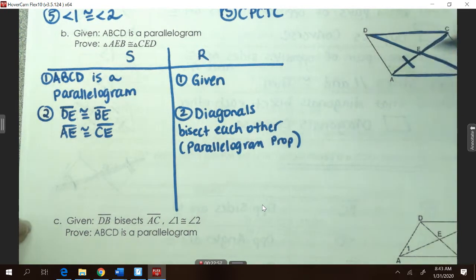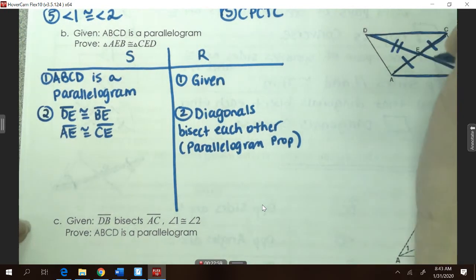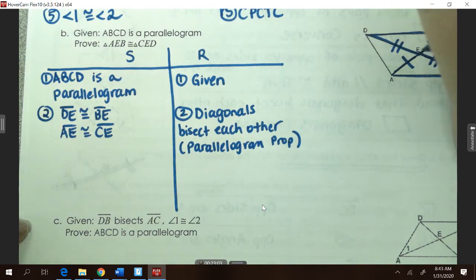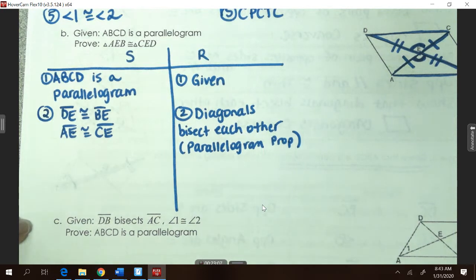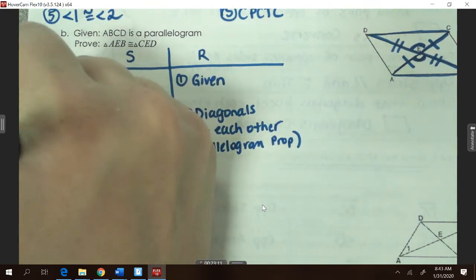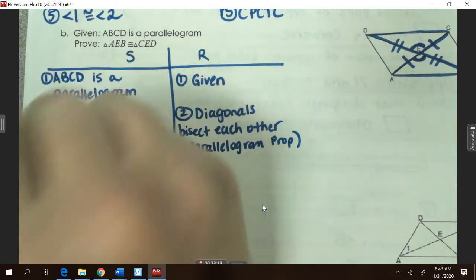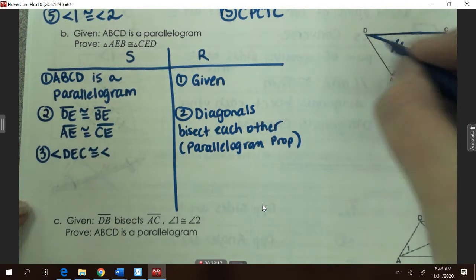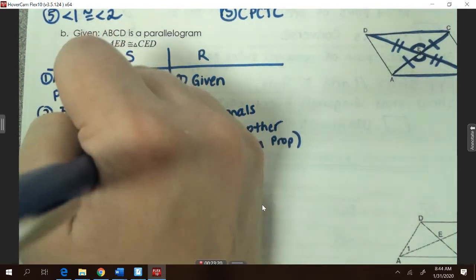Okay. So I've got this is congruent to this, I've got that's congruent to that, and in order to do SAS, all I need is that included angle. So I'll put this angle and this angle are congruent because they're vertical to each other. So I'll put angle DEC is congruent to angle, we'll call it BEA.